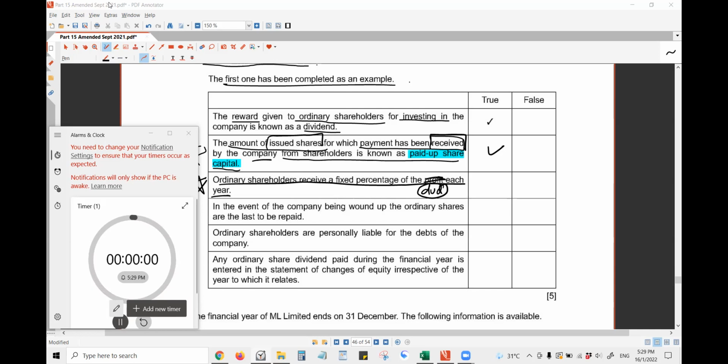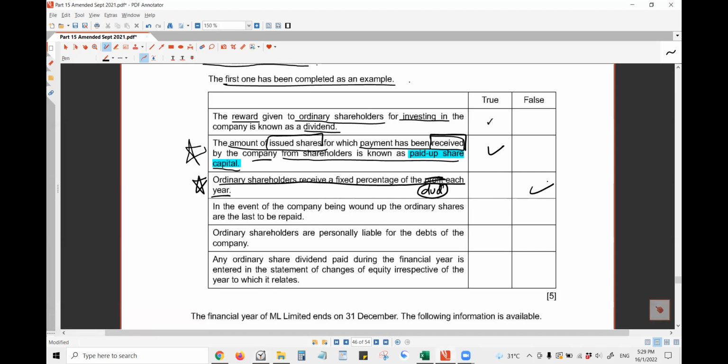Okay, I wait for Chen Chin's answer. Okay, 1, 2, 3, 4, 5, 6. Everybody has answered. The answer is for sure false. Remember, ordinary shareholders receive a variable rate of dividend.